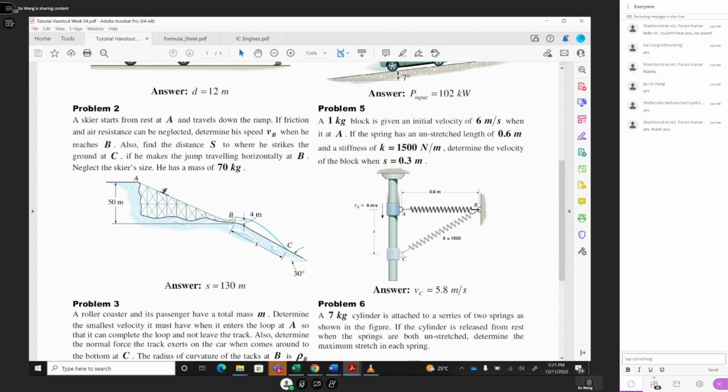So after you get this velocity, from here he jumps to here.